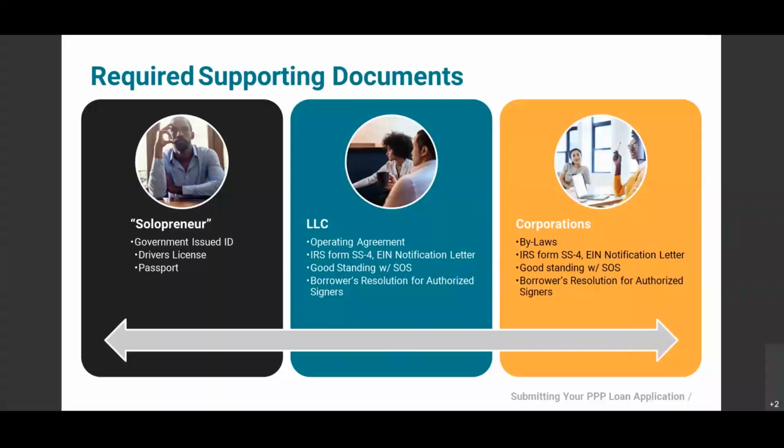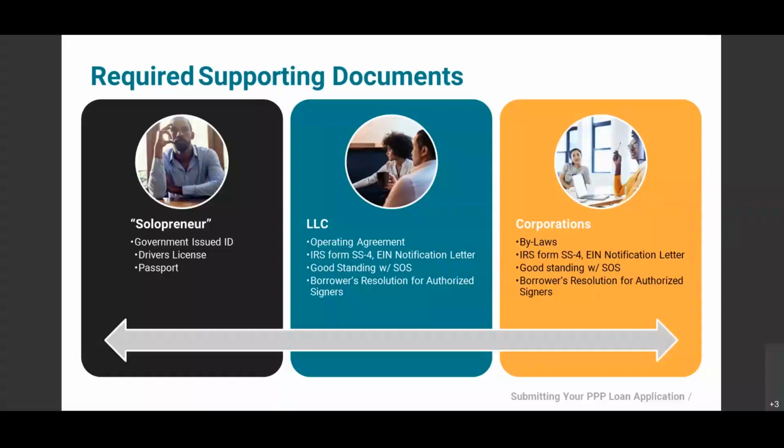The second document is the IRS Form SS-4, employer identification number notification letter. This is a letter that you would have gotten from the IRS when you applied for a tax ID for your business.